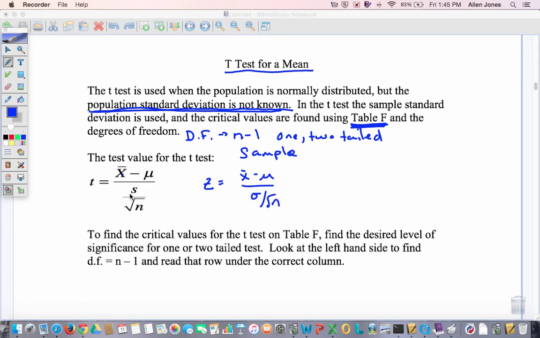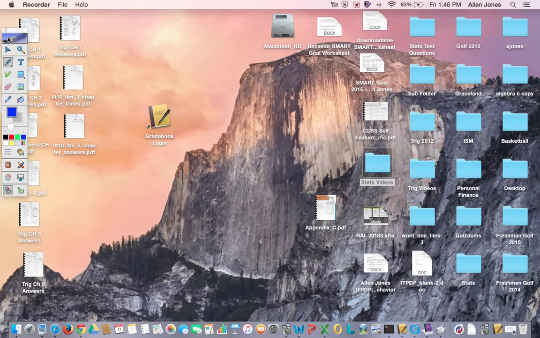For our t-distribution, we won't know our population standard deviation, so we will know our sample standard deviation, which makes our substitution, and then again tells us to use a different table, table F, to find our critical values there in step number 2. Other than that, the table itself, I'll take a quick second and try to pull up here.